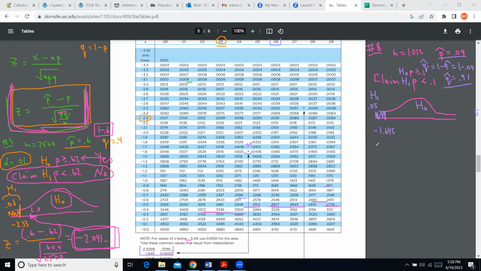So for the z-score, now I need to utilize these 3 numbers, and those are P hat of 0.09, then P is 0.1, and then for the denominator, I use 0.09 and multiply it by 0.91 and divide this by 1012.